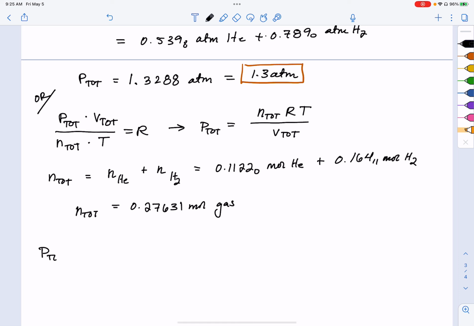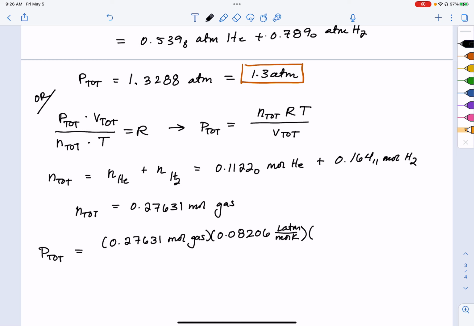So let's see if this method agrees with what we got using Dalton's law of partial pressures. So the total pressure would be equal to the total moles, 0.27631 moles of gas, times R, 0.08206 liter atmospheres per mole Kelvin, L atm per mol K. Again, that's how I remember those units.